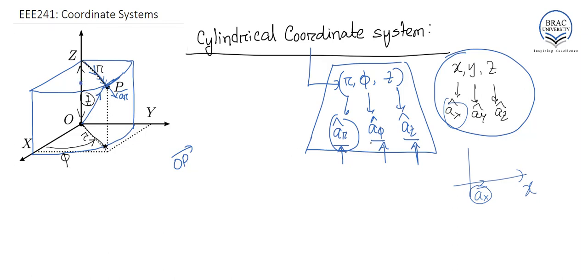And then we will try to find the a phi vector over here. Let's say you took the radial line first, started from the OX direction, and started to move in the anti-clockwise direction by an angle of phi.